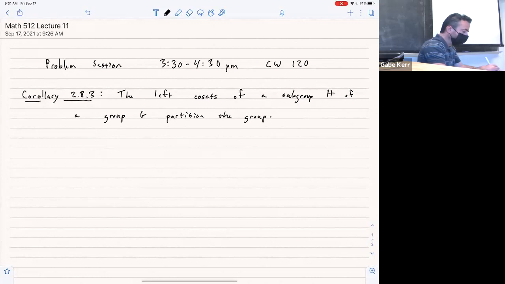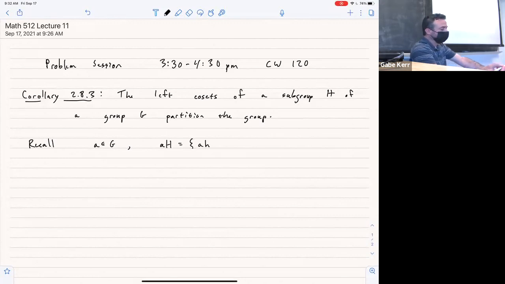So recall what a left coset is. If I have an element A in G, then AH is what we call a left coset. It's just the set of all multiples, with the law of composition being multiplication for this group, where H ranges over all of the elements of our subgroup.